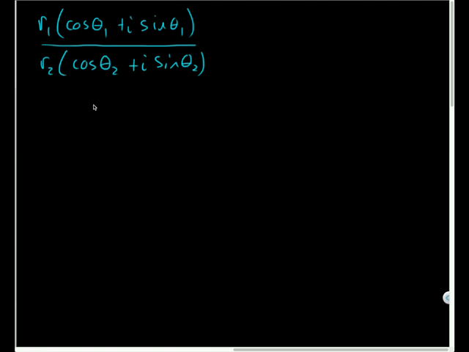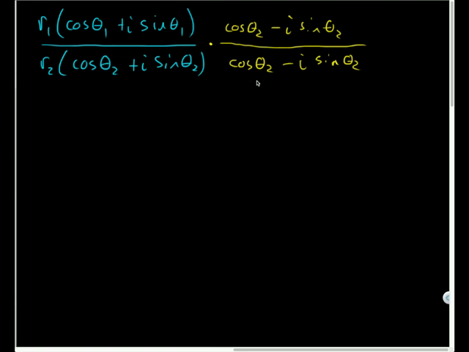So I'm going to have to multiply by the conjugate of this part that I've got right here, and the conjugate of that will be cosine theta 2 minus I sine theta 2. Oh man, this is getting crazy, but don't be afraid. It's going to be okay. And cosine theta 2 minus I sine of theta 2.